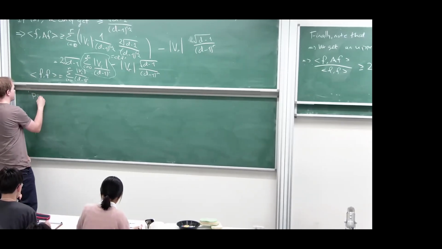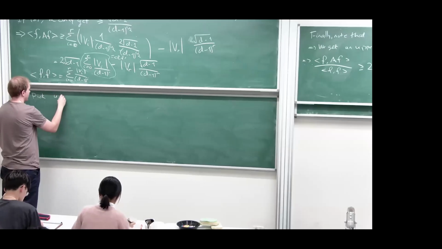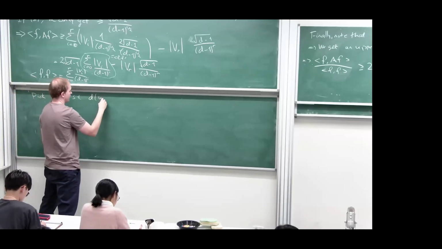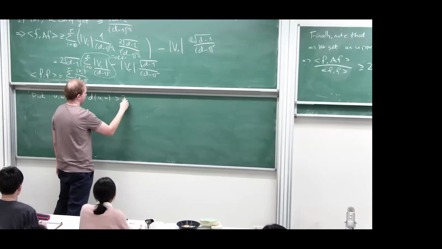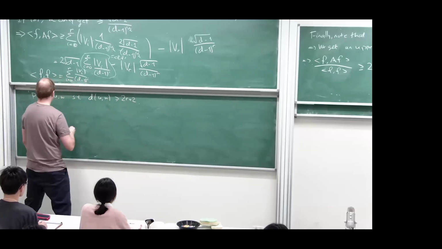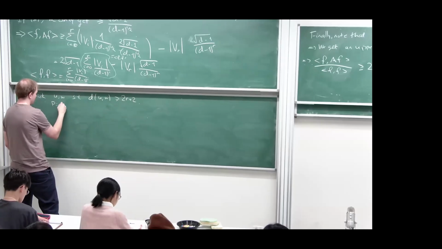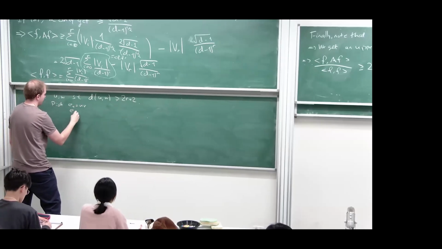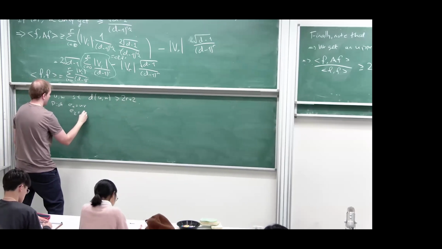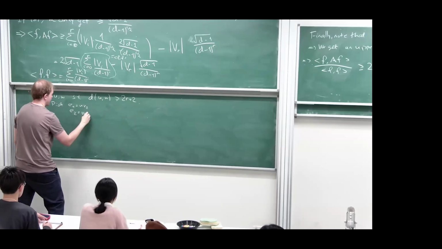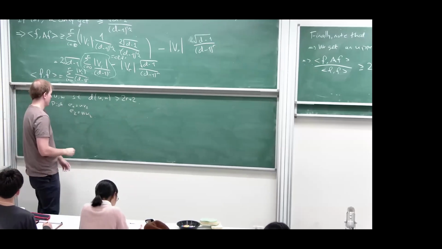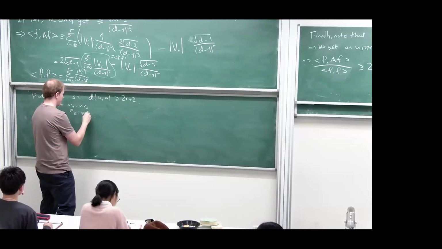So now let's pick U and W so that their distance is at least 2r plus 2. And pick the first edge to be UV and the second edge to be WV2, let's say.